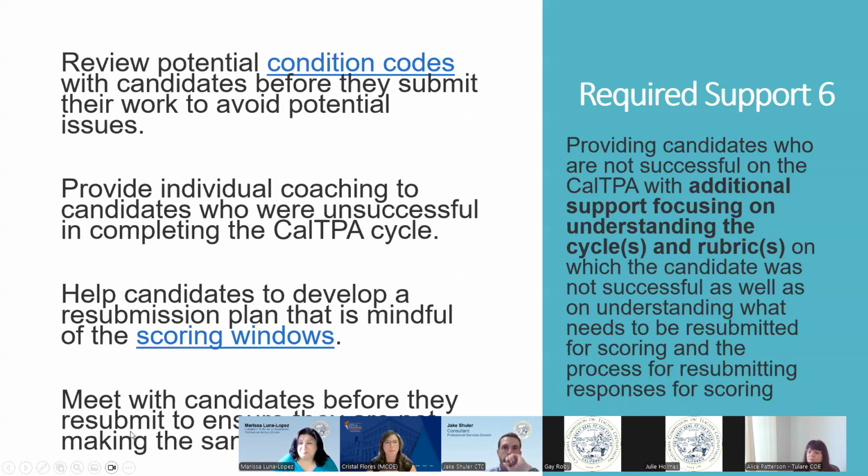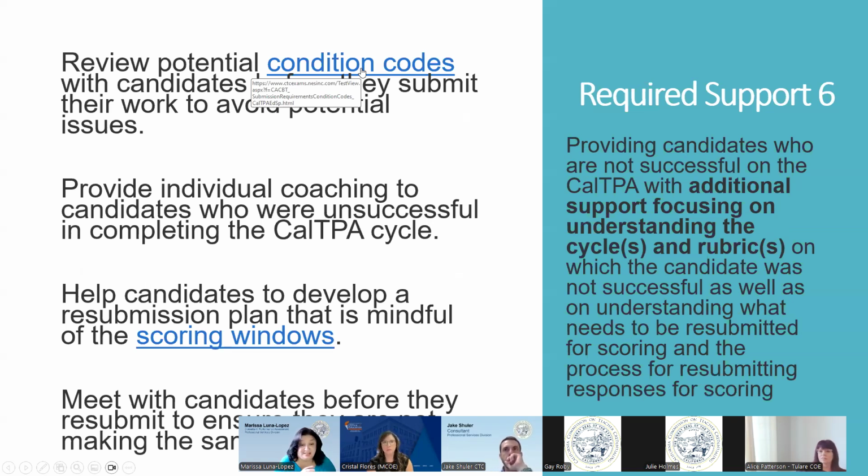And required support 6, some additional support focusing on the cycles and the rubrics. Understand what condition codes are. A lot of times the candidates say error codes. They're condition codes. It's not necessarily always an error.